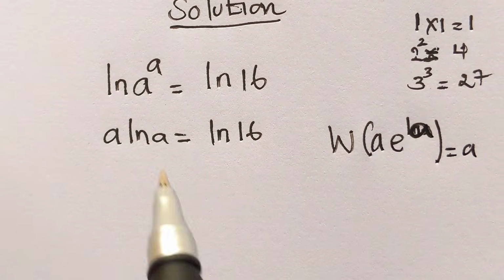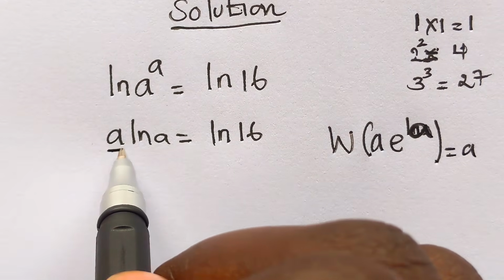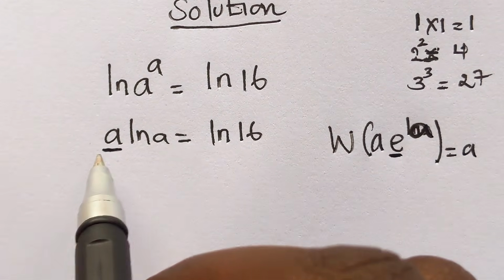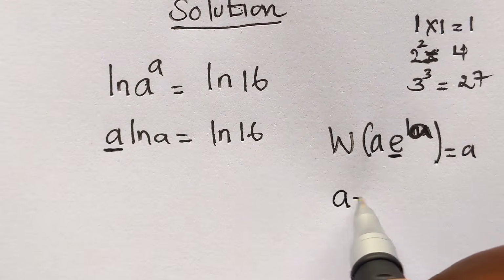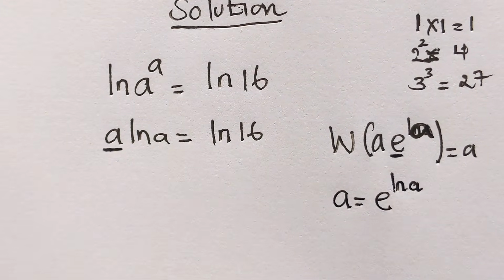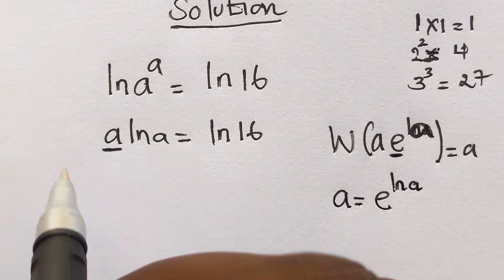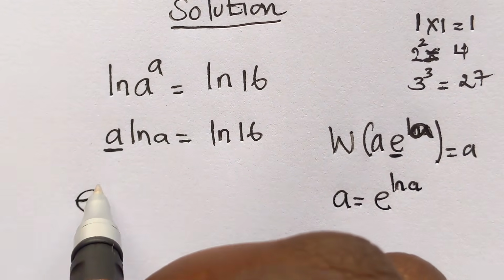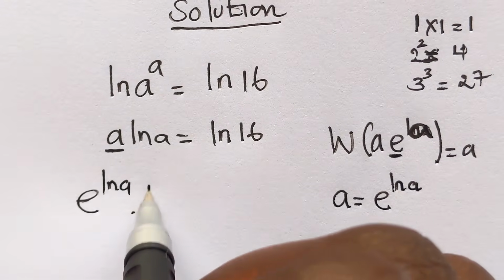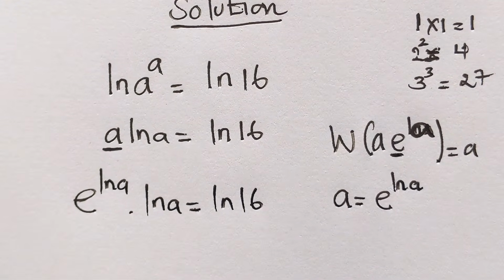But of course, here we shall say we want to find this value of a. We know that here our a will be e power ln a. E power ln a is equal to a. That is why we're going to replace this one. We have right here e power ln a times ln a will be ln 16.